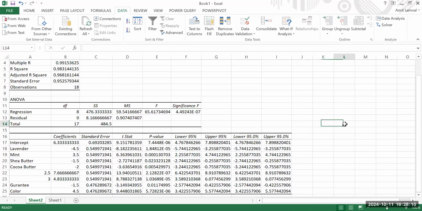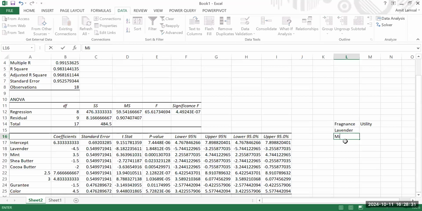In order to identify, you just have to put, okay, fragrance and utility, just making it easier to understand. So we have fragrance of lavender, mint, and non-fragrant.